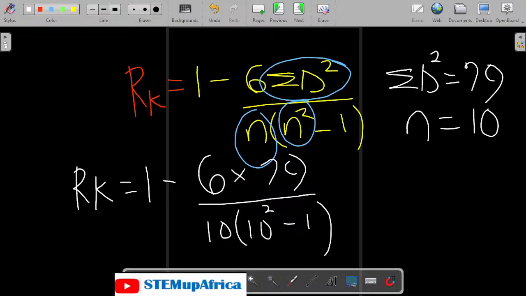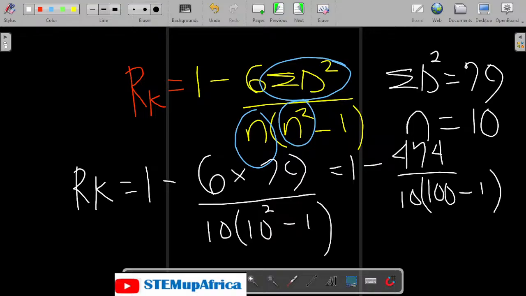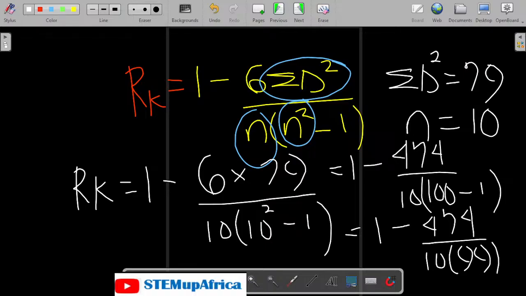So if I simplify, here becomes 1 minus 79 times 6, which will give us 474 over 10 bracket 10 square, which is 100, minus 1.